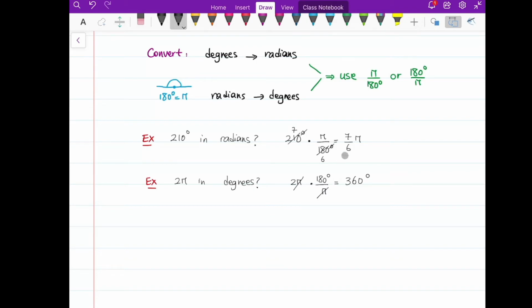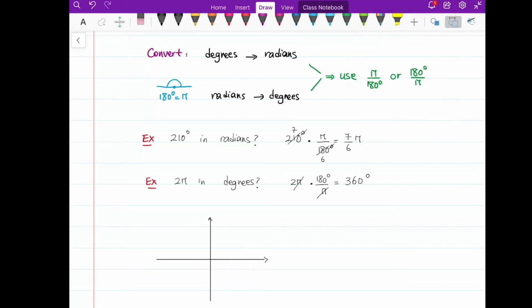That's why I said you just need to memorize this fraction, and then figure out which one to use. Do you need pi here, or do you need degrees here? If you need pi, multiply by pi over 180. If you need degrees, multiply by 180 degrees over pi.